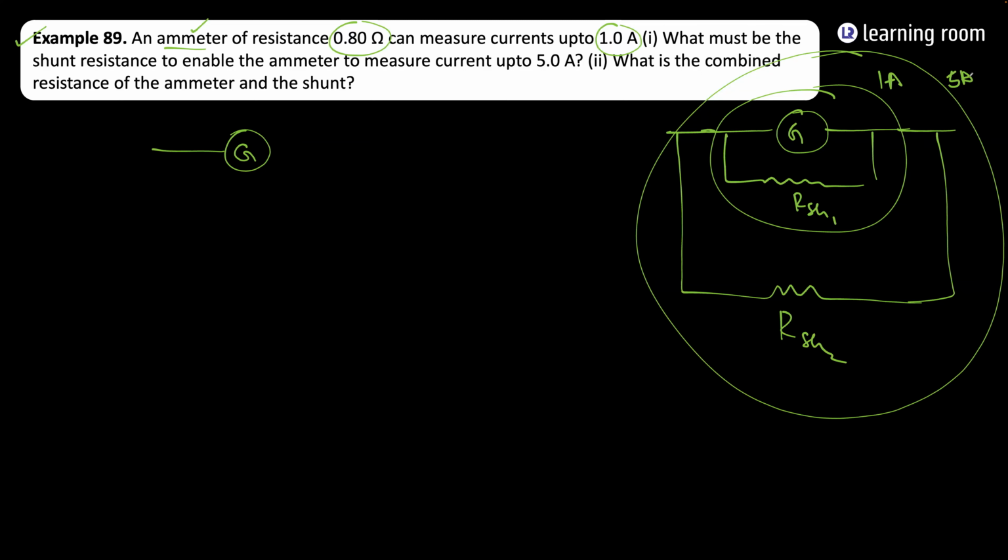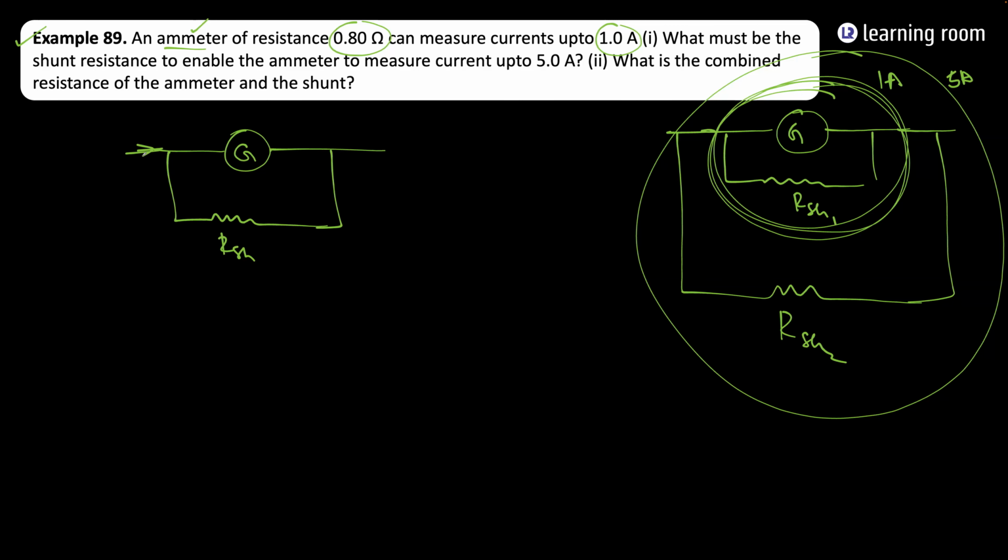Then how should you treat this part? It should be treated like a galvanometer, and this galvanometer is what I've drawn here. Clear? And across this, how much shunt resistance do you need to connect? The value of I this system is going to measure will be 5 ampere.